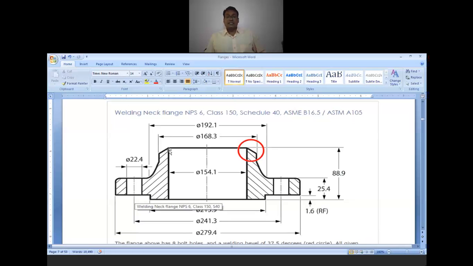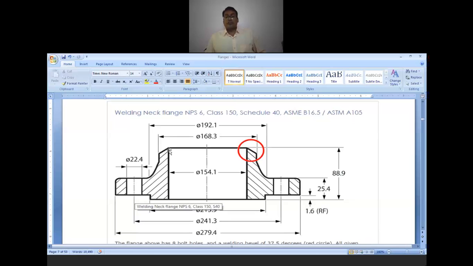So there is less chance that they may leak or burst, or that certain welding problems may arise. All this can be eliminated by proper selection of the schedule number and the class number, which is according to the dimensions of the vessel or the pipe and according to the temperature and the pressure.